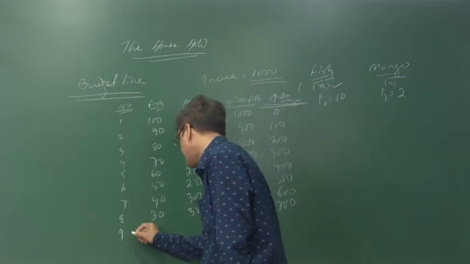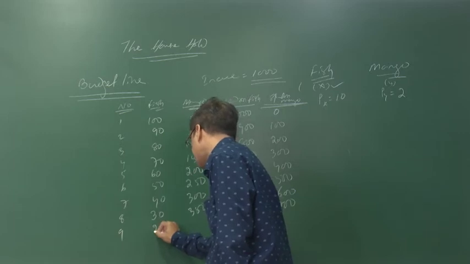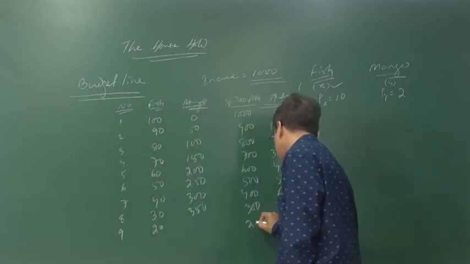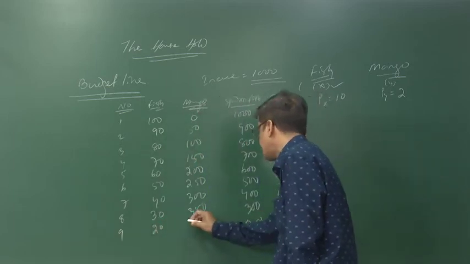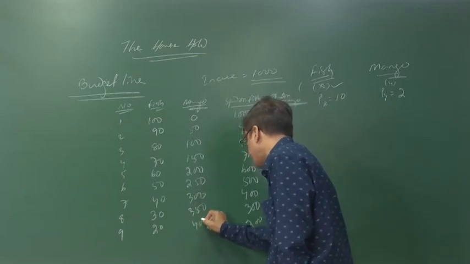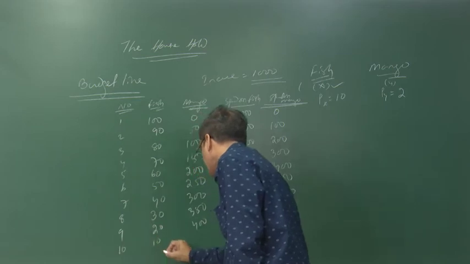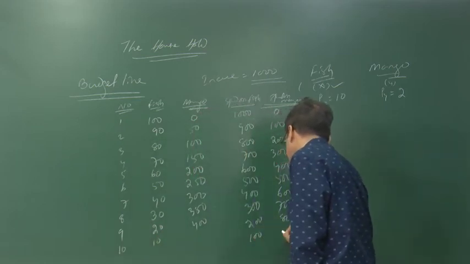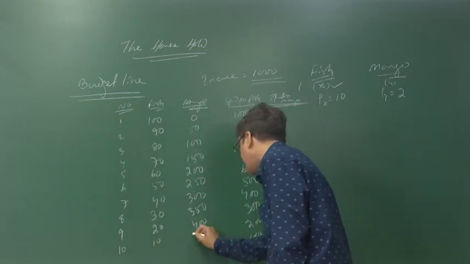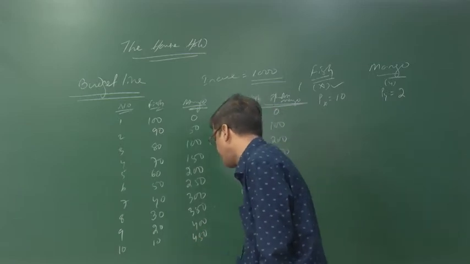And the 9th one, let us assume it to be 20, that means 200, remaining 800 is spent on mango, and you will consume 400 units of mango. And the 10th, let us say here 100 rupees is spent on fish, 900 rupees on mango, he consumes 450 units of mango.